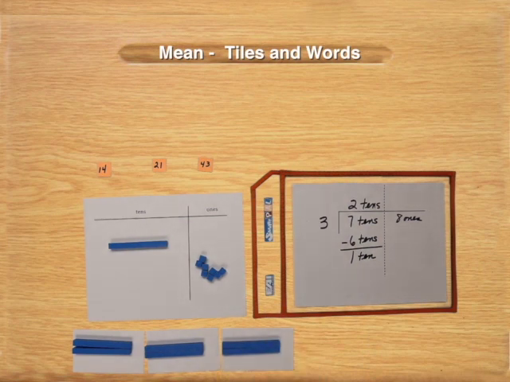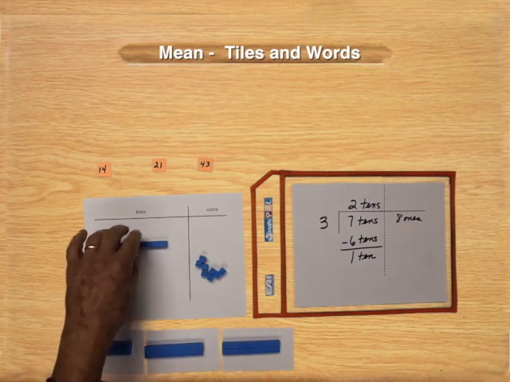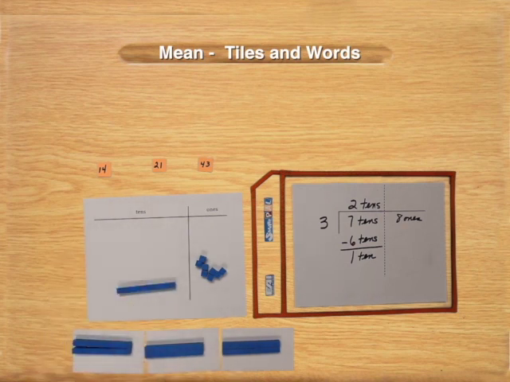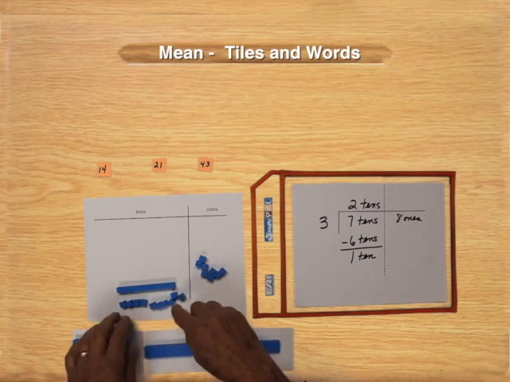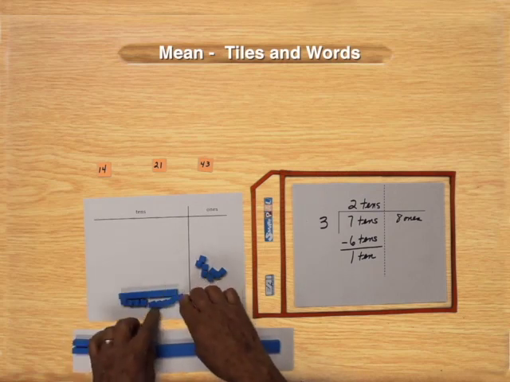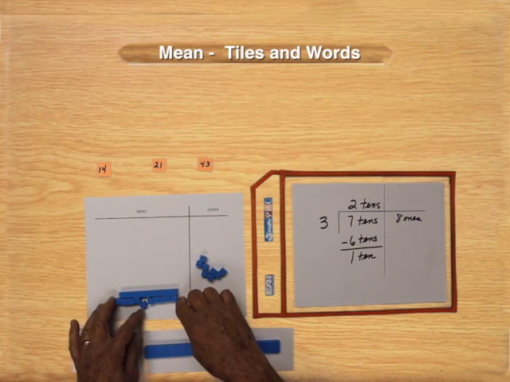Now, we can't share this ten out equally, so what we have to do is trade this ten in for 10 ones. So here are 10 ones, and we're trading this ten in for these 10 ones.